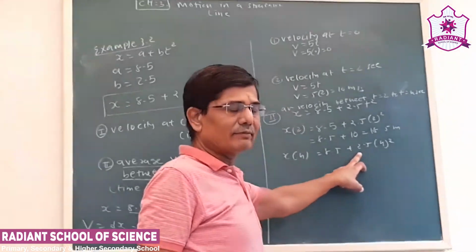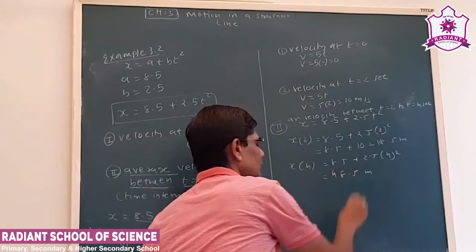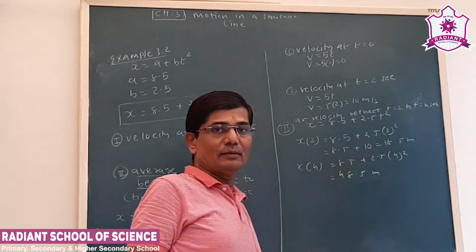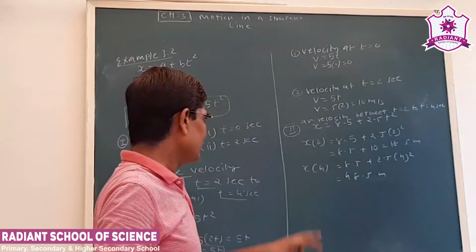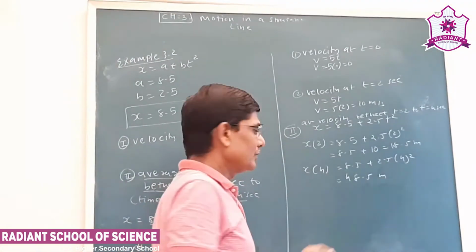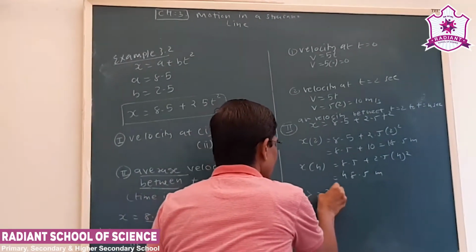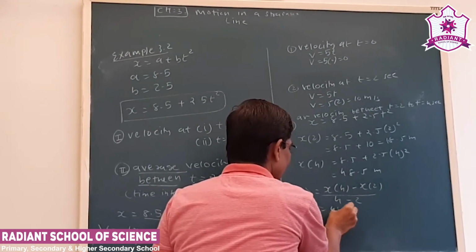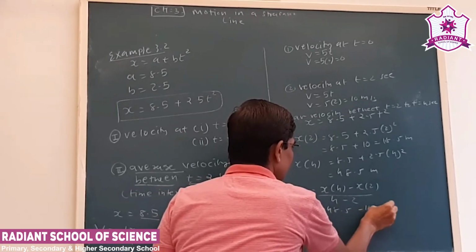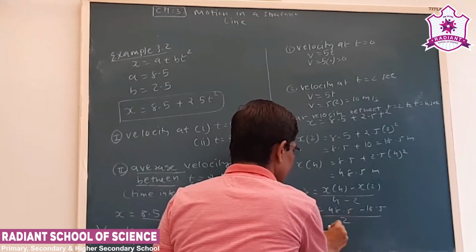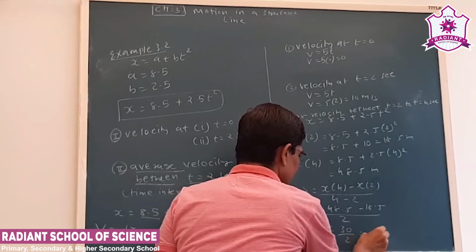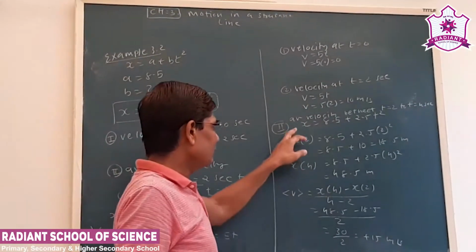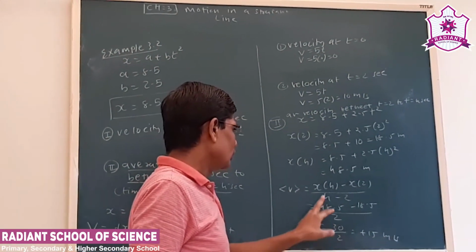Okay, what value will we get? So the x2 value we are getting is 18.5 meter. x4 we get 48.5. Now, see the average velocity is x4 minus x2 upon 4 minus 2, 48.5 minus 18.5 upon 2. Now this is how we obtain the value of the average velocity in the time interval 2 to 4 seconds.